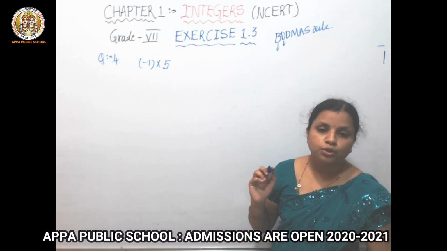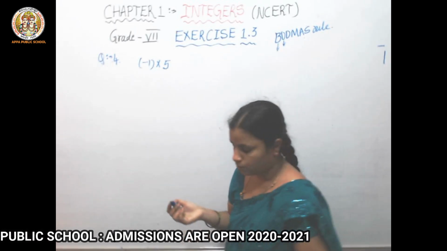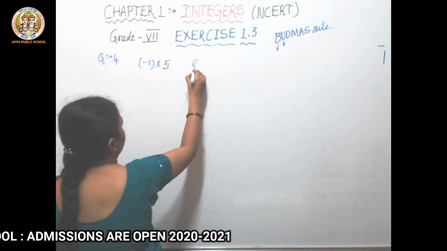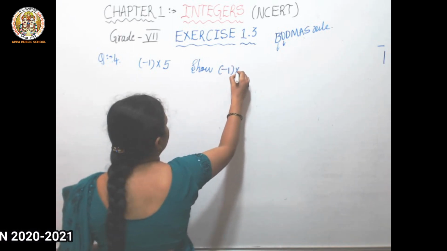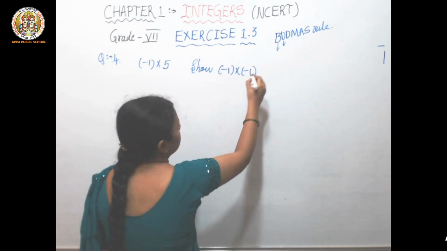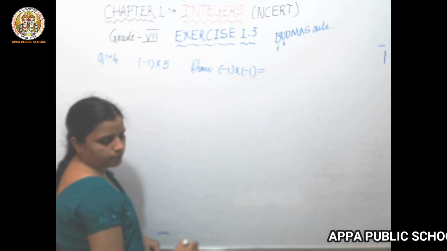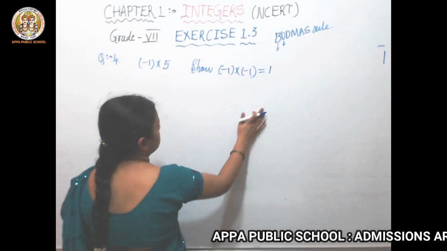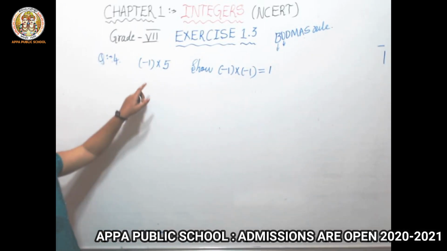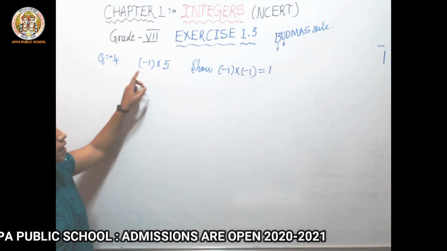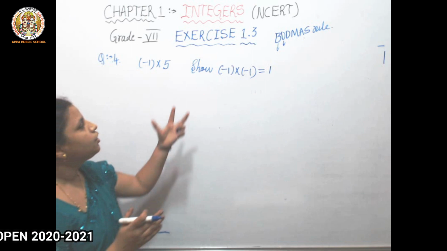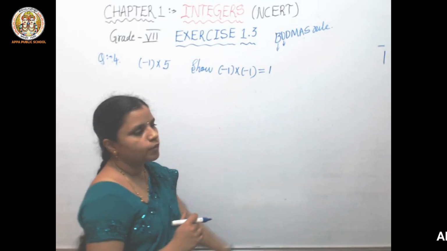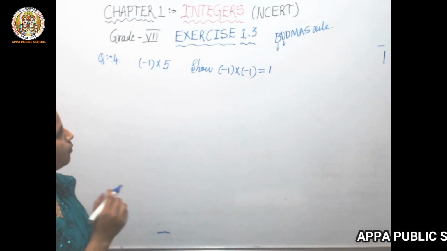Some pattern to show. What we have to show here? Minus 1 into minus 1 is equal to plus 1. This is the question. By starting with minus 1 into 5, by using the various products following the same pattern, we should show that minus 1 into minus 1 is plus 1.